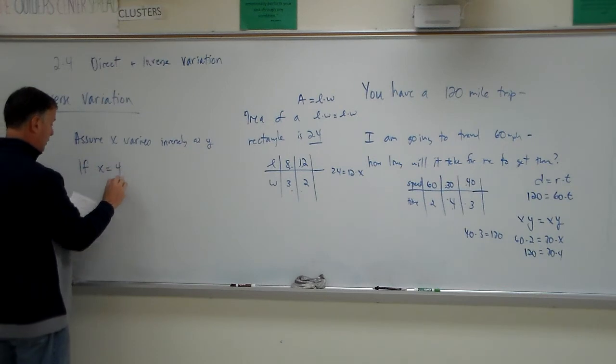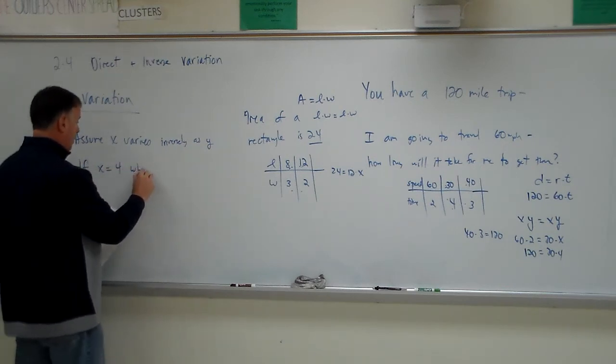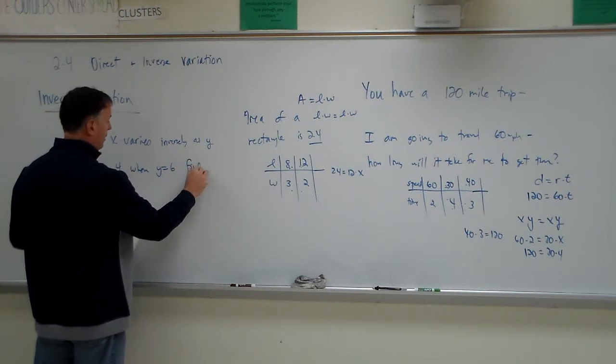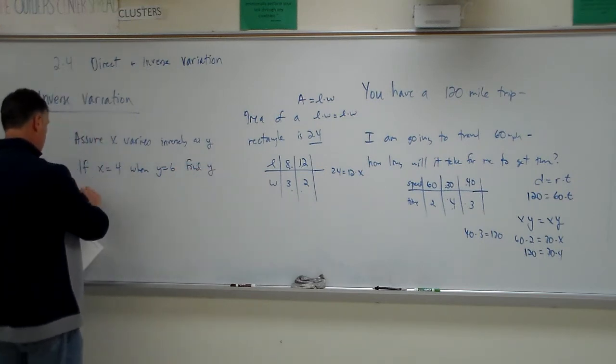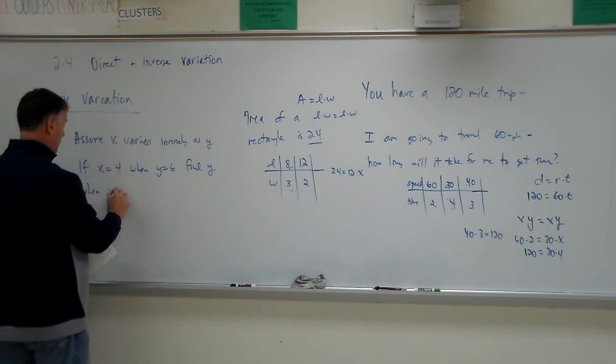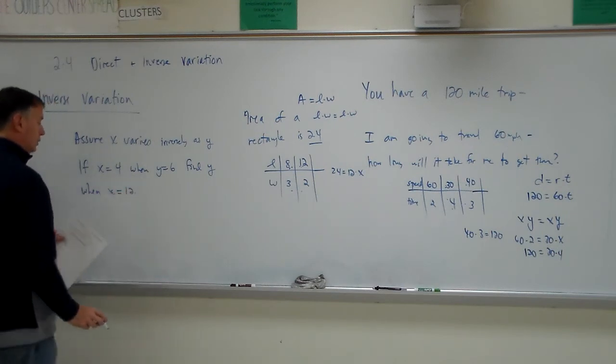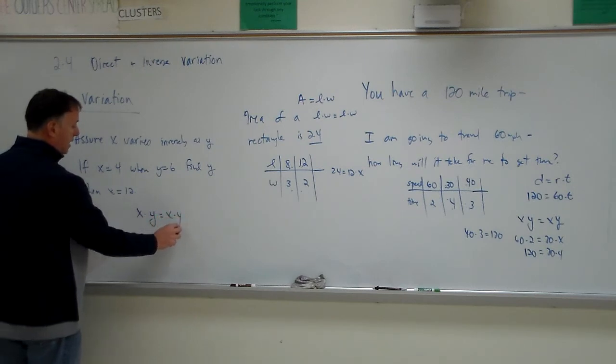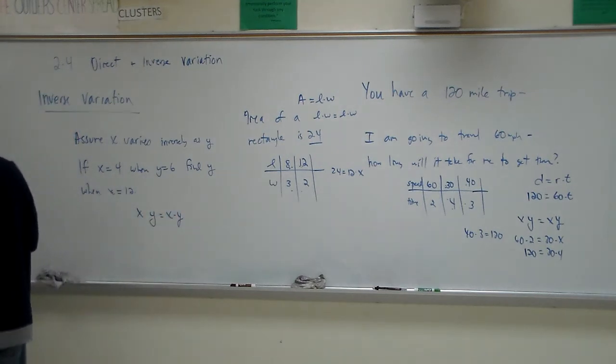If x equals 4 when y equals 6, find y when x equals 12. Remember, here's your formula: x times y equals x times y. I'll give you a minute to do that.